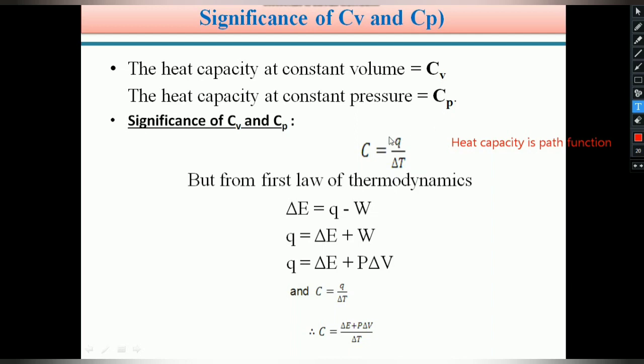In the previous slide, we derived a mathematical relation for specific heat: C equals Q by delta T, or Q by T2 minus T1.